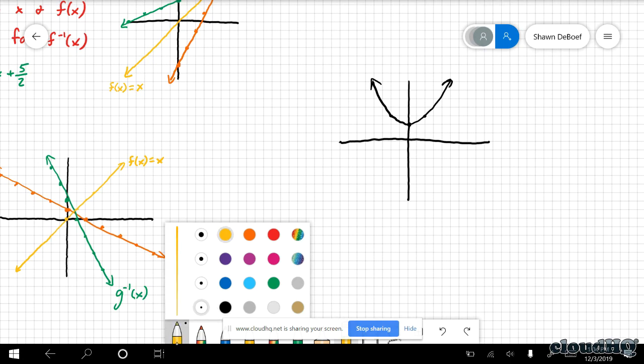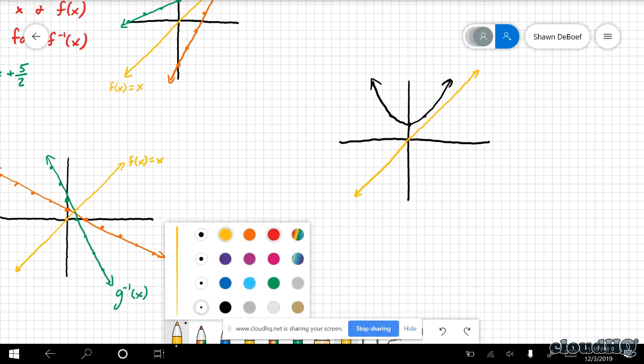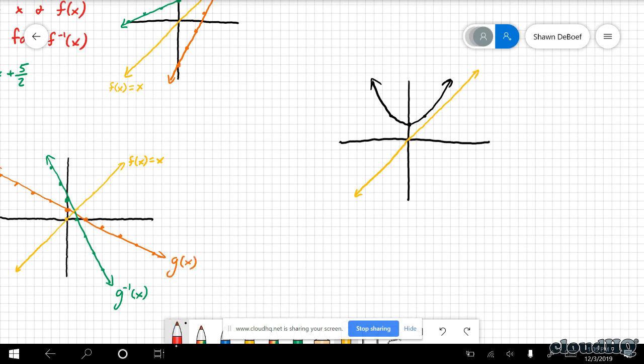If I reflected that across that line, I know this is going back to geometry. It would look like that, wouldn't it? If I would have taken that first one was a parabola, and I did its inverse, we get what looks to be a sideways parabola.